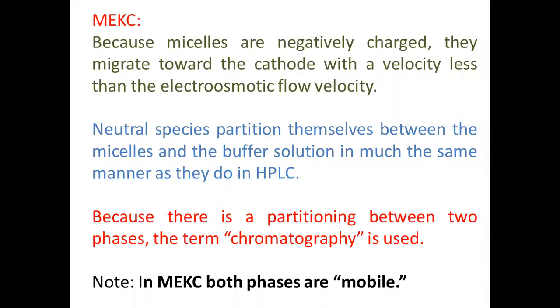This means the ions of the buffer will be moving at a faster velocity than the micelle, because the micelle is formed by the agglomeration of 40 to 100 surfactant molecules and has many hydrophobic tails. So its movement is slower than the velocity of the ions of the buffer. The electroosmotic velocity will be greater than the velocity of the micelle.